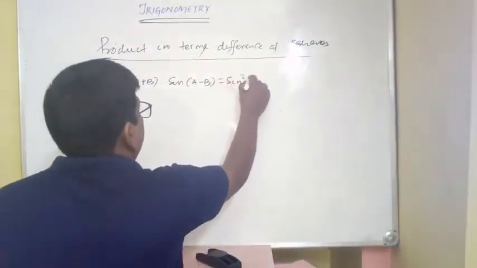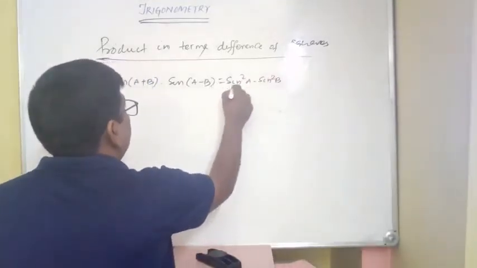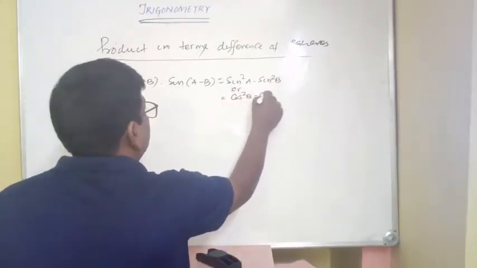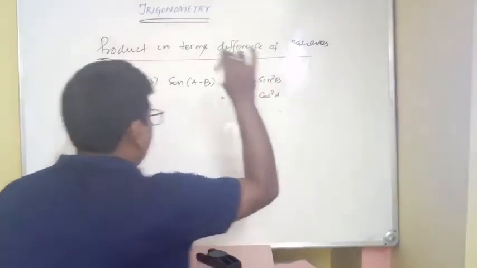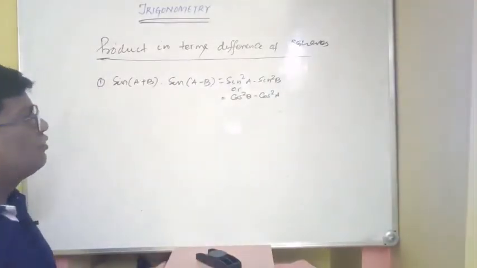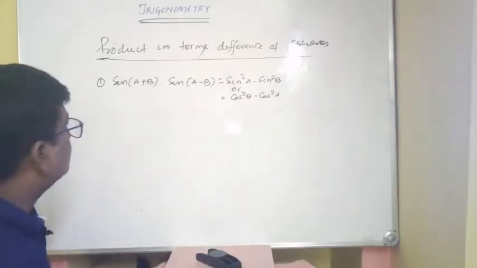Sin square A minus sin square B, or cos square B minus cos square A. So sin(A+B) into sin(A-B) is equal to sin square A minus sin square B, or cos square B minus cos square A.